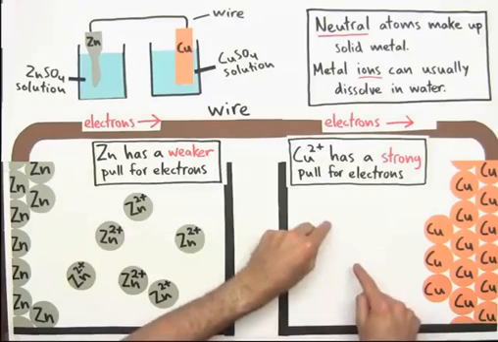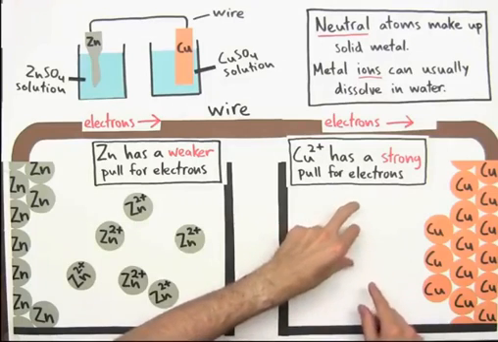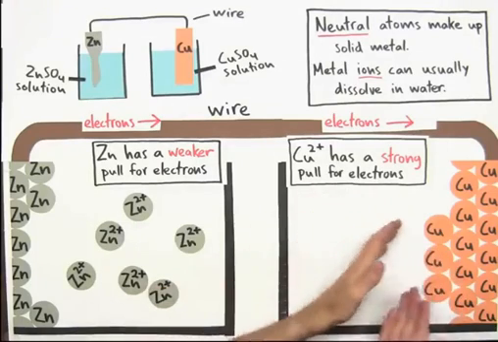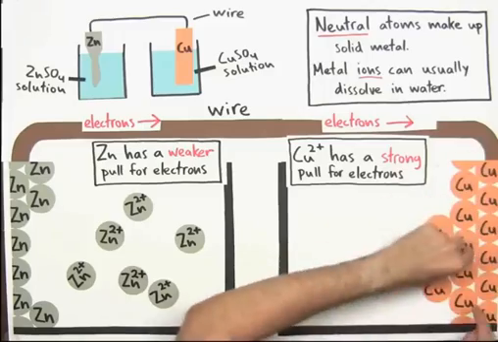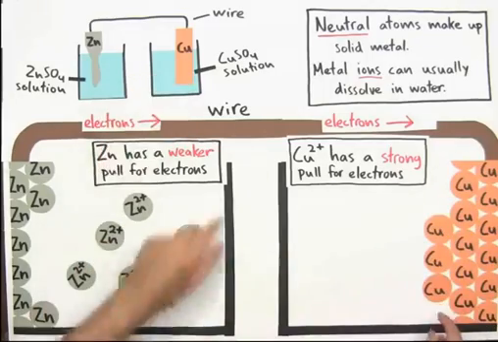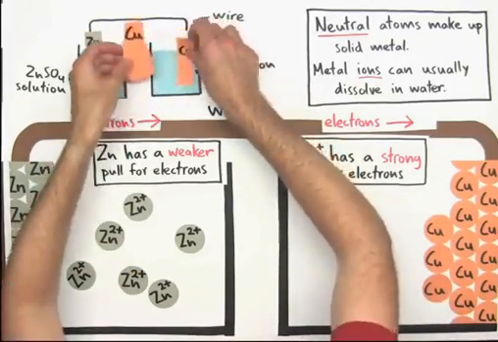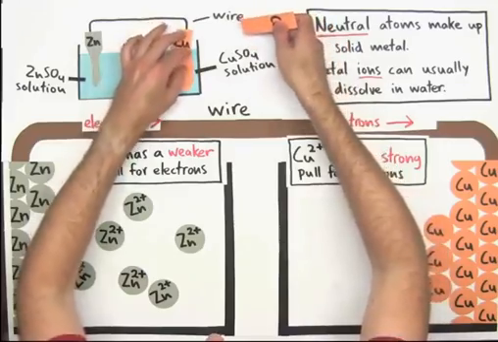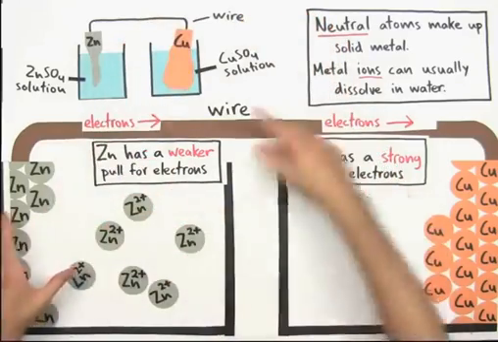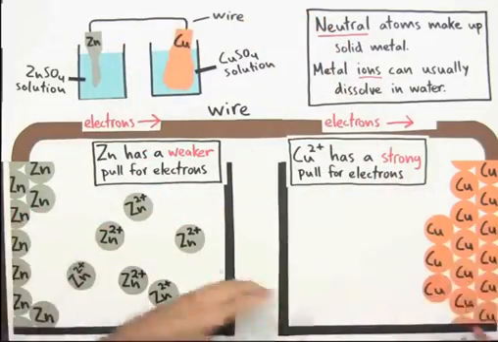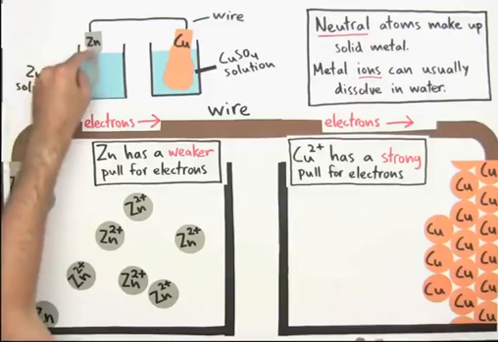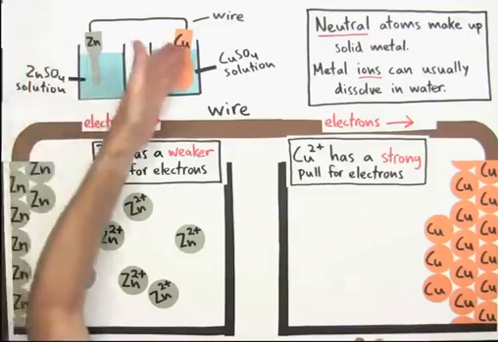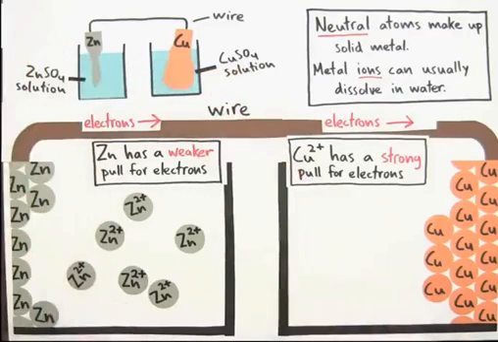But then on the other hand, those Cu2+ ions are coming out of solution and are attaching to the solid copper. And so they're going to make this piece of solid copper bigger and bigger. And so if we let this voltaic cell run for long enough, we'll eventually see that these two pieces of metal actually change size and shape.